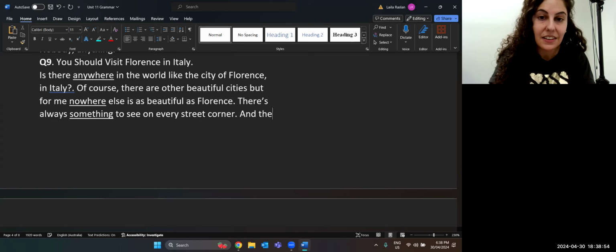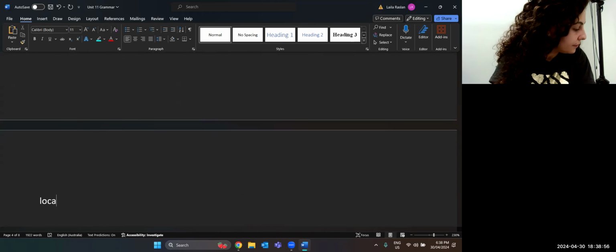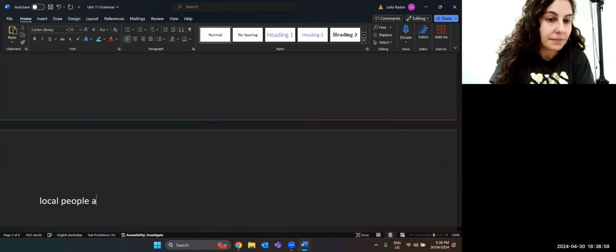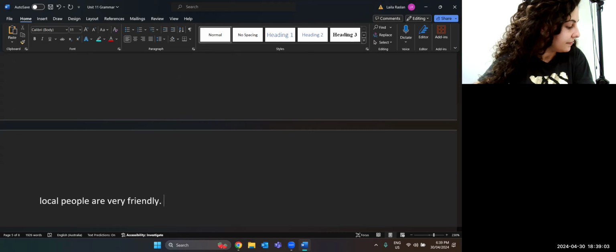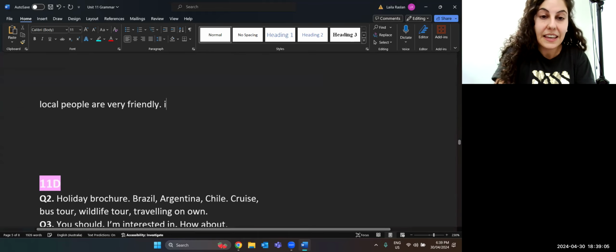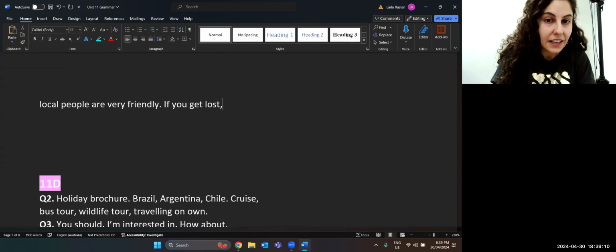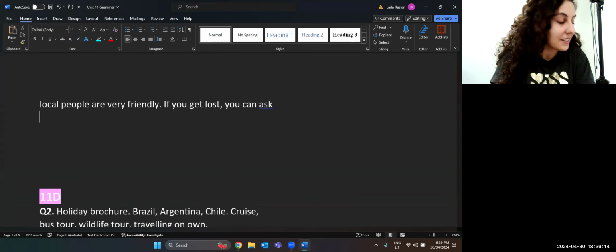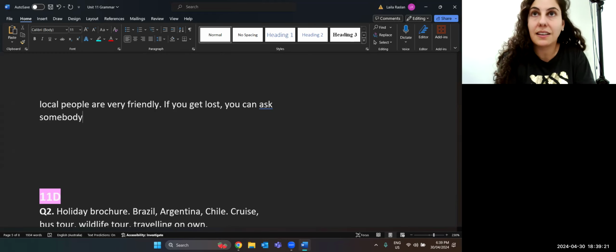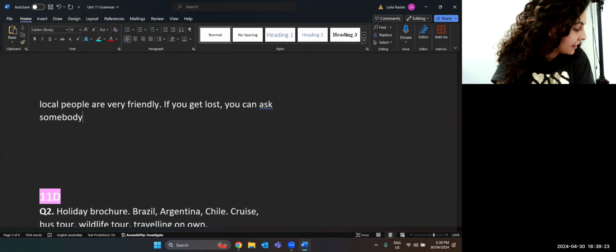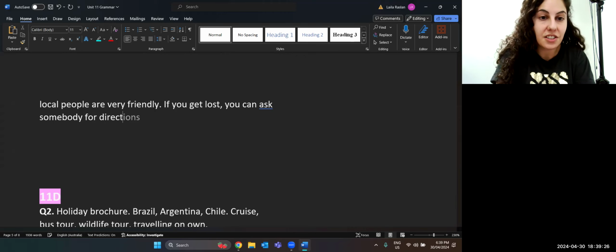And the local people are very friendly. If you get lost, you can ask somebody, or we can say someone. Okay, you can ask a person, anyone, like in general, somebody, someone, for directions.